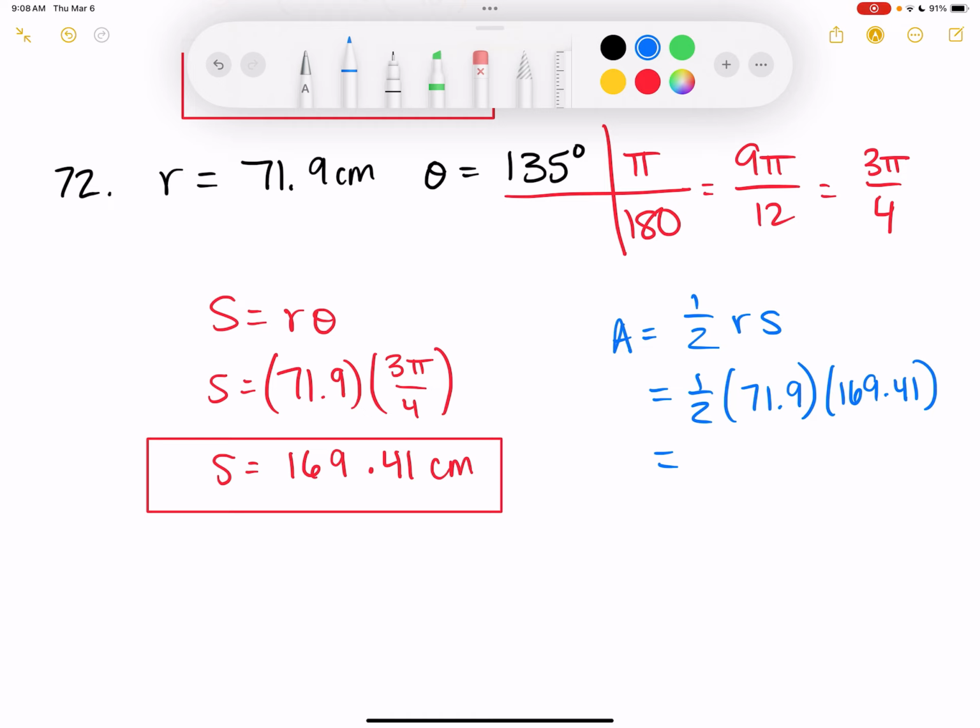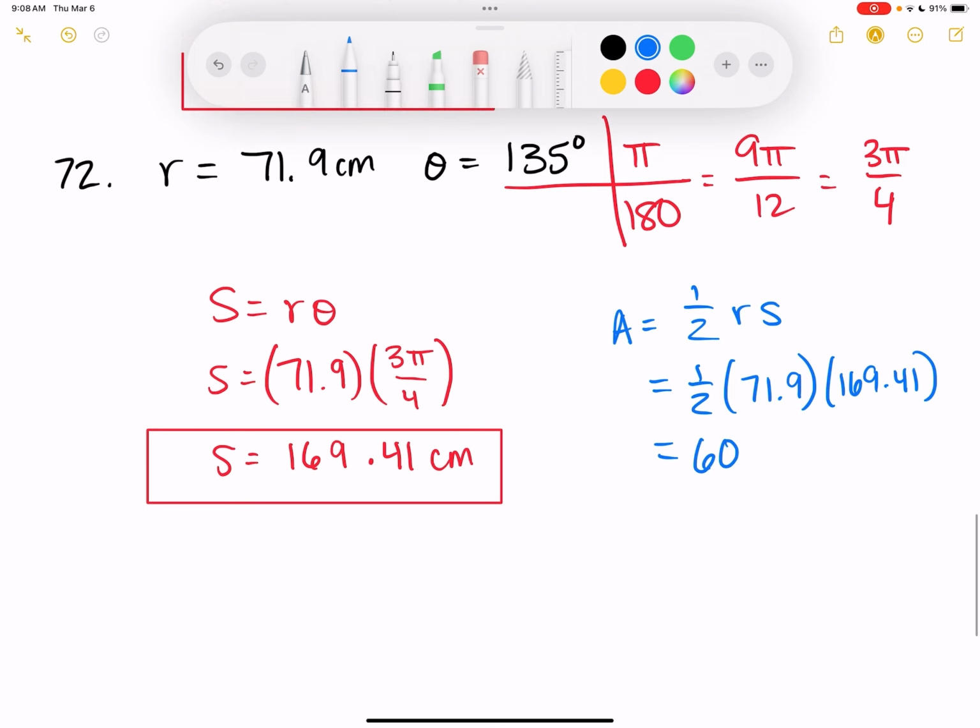If you're off by like a decimal place or 2, which is all you're going to be off by, you're not going to lose points, okay? Because I'm going to assume it's just a rounding thing. So I just did the answer times 71.9 times 0.5, or I could have said divided by 2. Nope, that's too many decimal places. There we go. And so the area is 6,090.3. And then this one would have been centimeters squared. So this would have been the area for that problem.